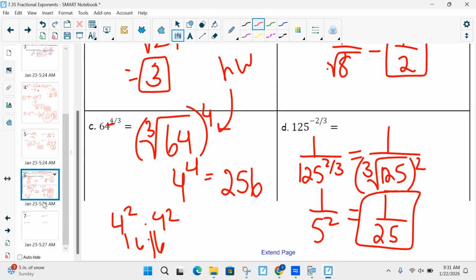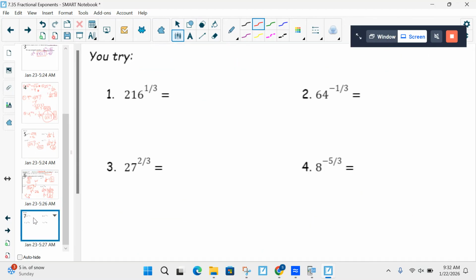Make sure you write the radical and then the answer. I actually don't know. I'm sorry. It's a hard one. Can you put your answer to 4 on the board?